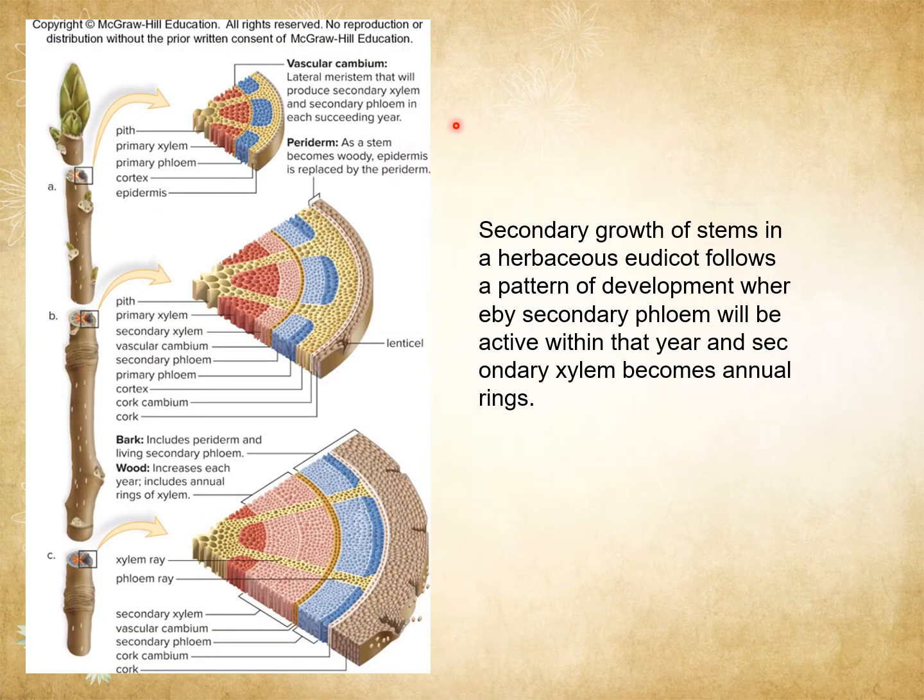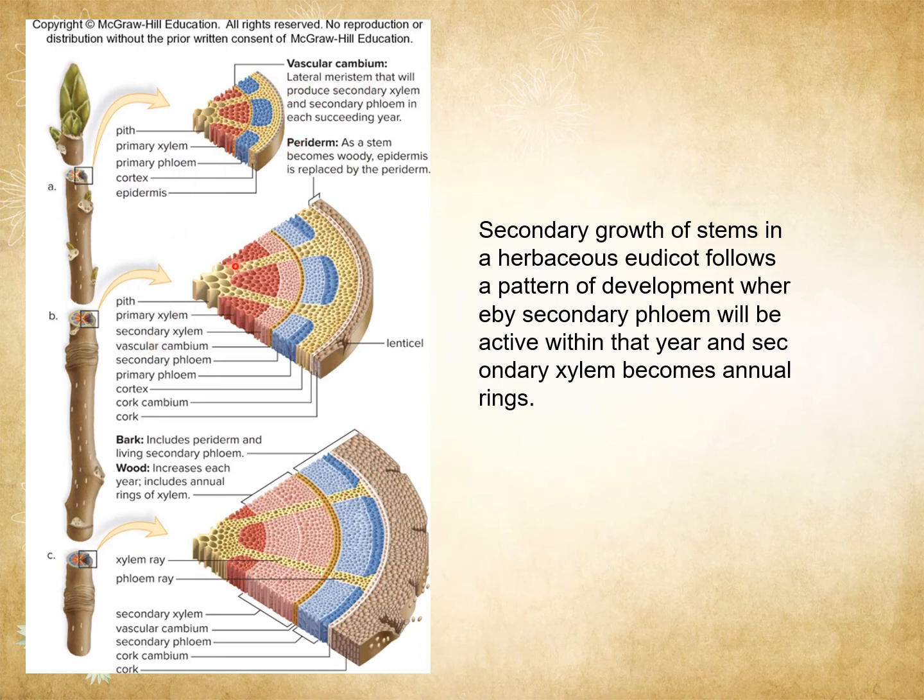The secondary growth of stems in a woody eudicot follows a pattern of development whereby the secondary phloem will be active within that year and secondary xylem becomes the annual ring. So this is the annual ring, the secondary xylem. If we can see here from the young plant, they have the vascular cambium and the periderm.